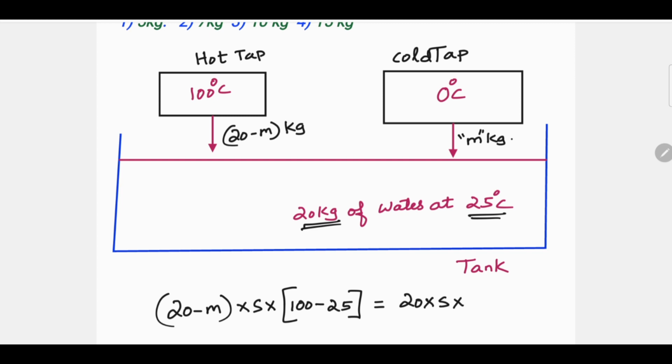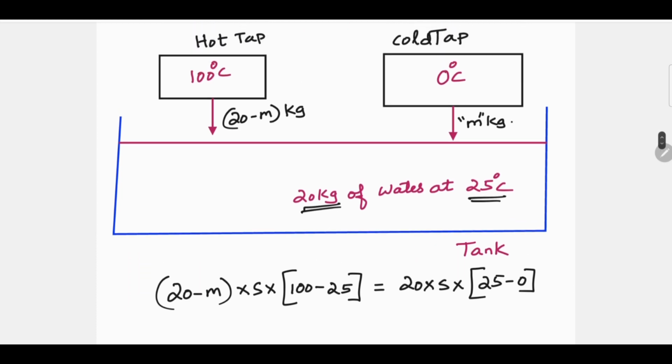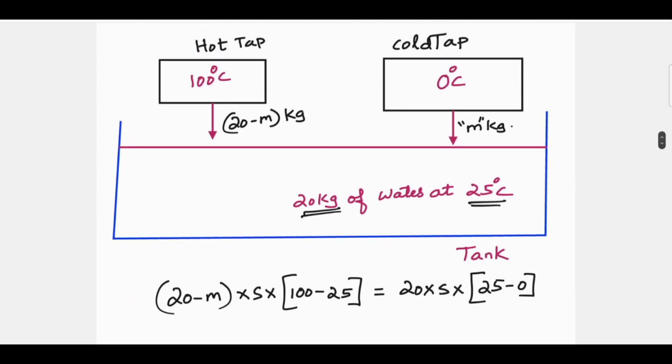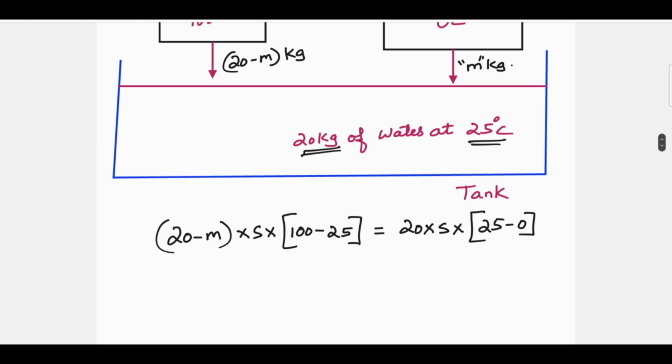We don't have to worry about that. So 20 into S into the temperature difference, which is 25 minus 0. So heat lost by water from the hot tap is equal to heat gained by water from the cold tap. That is written in equation format here. Now you can easily simplify it. From both sides you can remove S.